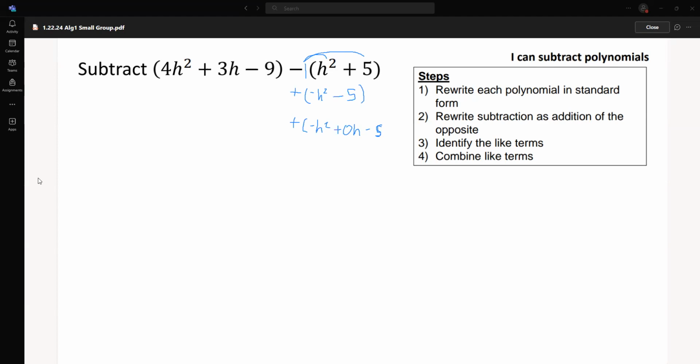I'm going to underline: we have 4h squared and plus negative h squared. That becomes 3h squared. Step 1 complete. Next one is going to be in purple. Positive 3h plus 0h becomes plus 3h.